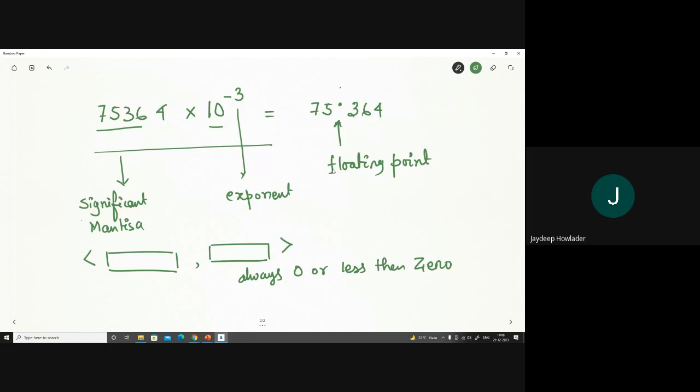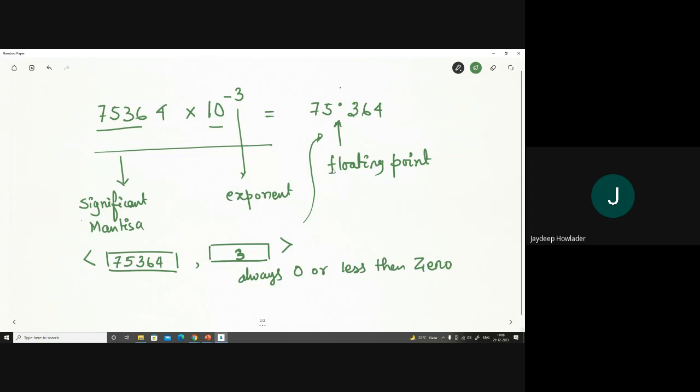Okay? And now there are two variables, so I can store any values. In this case, I have stored 7, 5, 3, 6, 4, and we store a value of 3. That means I am representing the numerical value of 75 point 364.